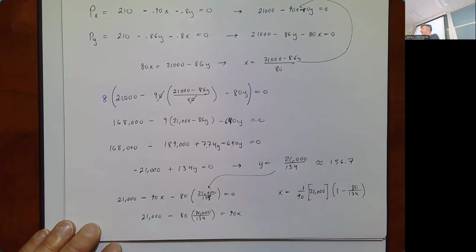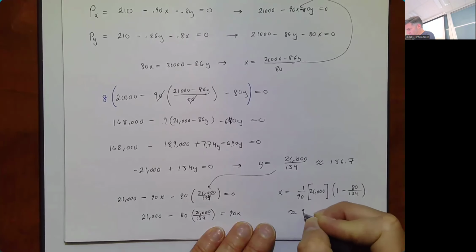I mean, that's not the worst thing I've ever seen in my life, but it's pretty terrible. Let's see what we get. 80 over 134 is the hard part. 1 minus that, and then multiply that by 21,000 divided by 90. We get approximately 94.02.